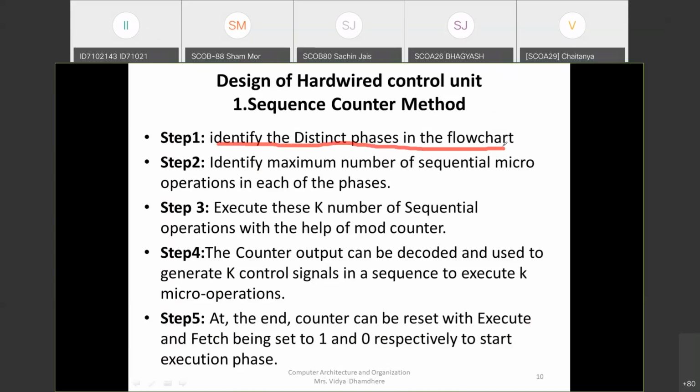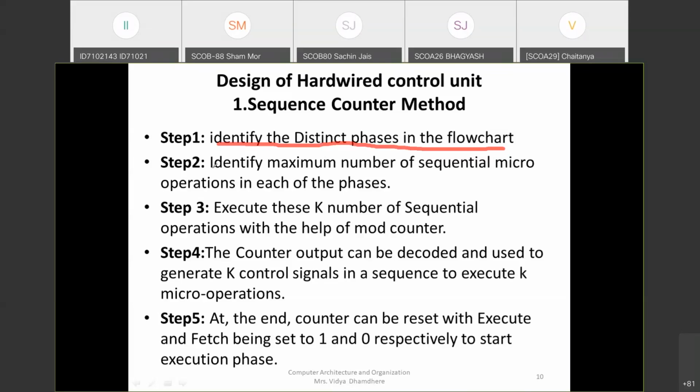For example, the first operation is that the program counter content will be moved to the instruction address register. Then the memory data register content will be moved to the instruction register. So each operation is considered a different phase, and for each phase we have written a sequence number, with a number of steps in it. According to those steps we have given the counter values.